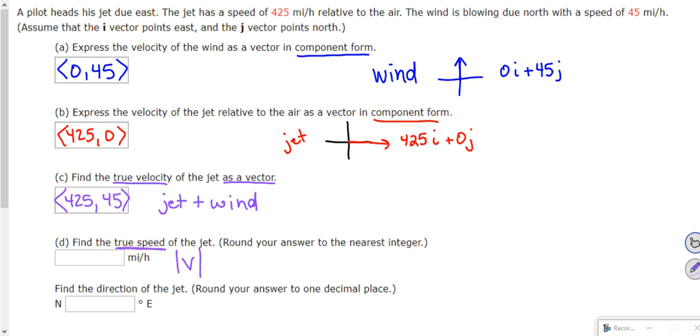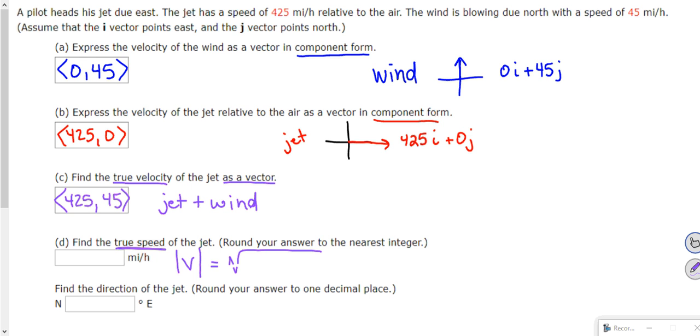It's like if you drew a right triangle with the horizontal and vertical positions, what would be your hypotenuse? So the true speed is where you use your magnitude formula.